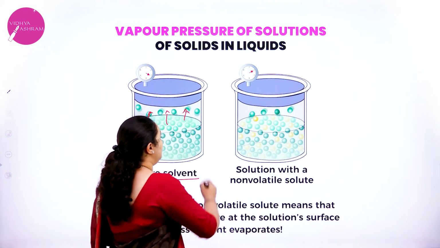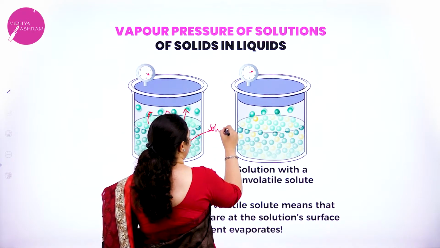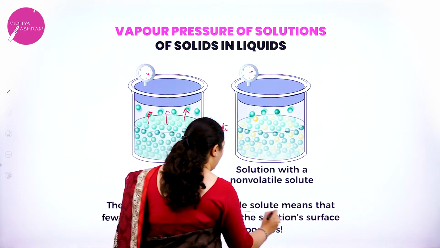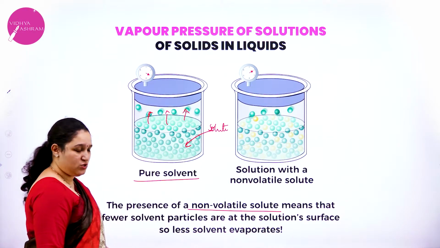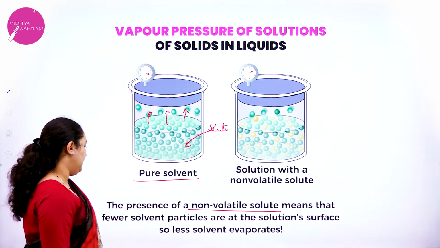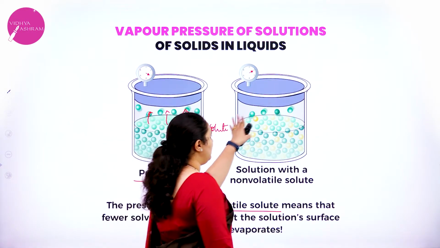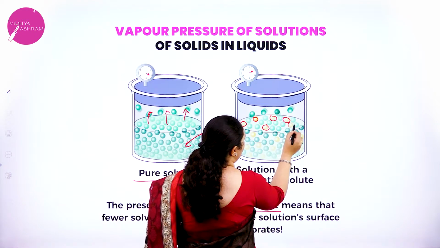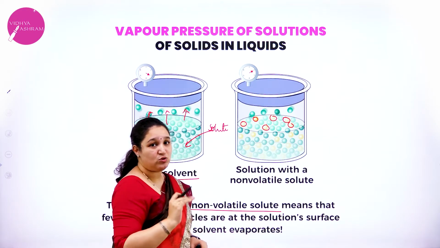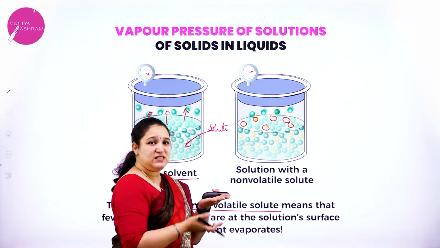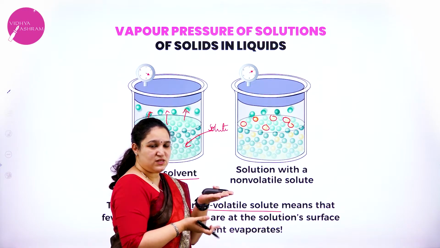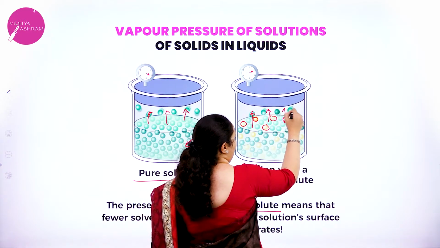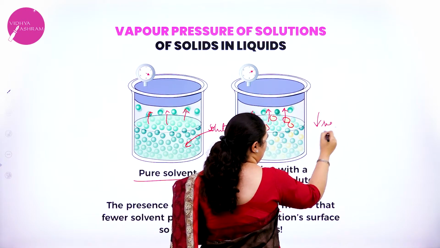Now, if I add a solute to this, and the solute is non-volatile, what happens is, now if you consider the surface, you can see there are particles of solute also on the surface and the solute is non-volatile. So that is covering the solvent particles which are below it, and the surface area for vaporizing decreases. Correct?